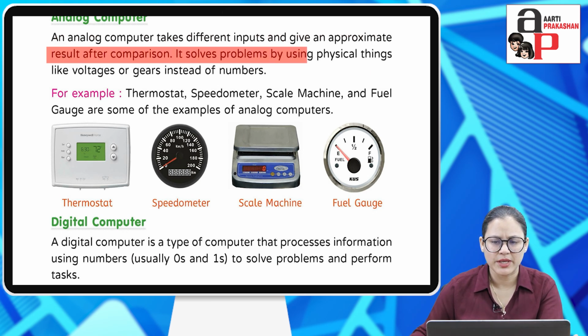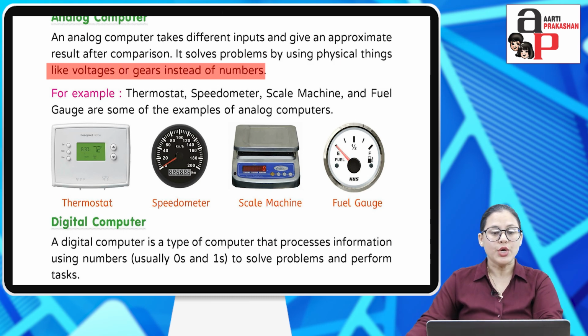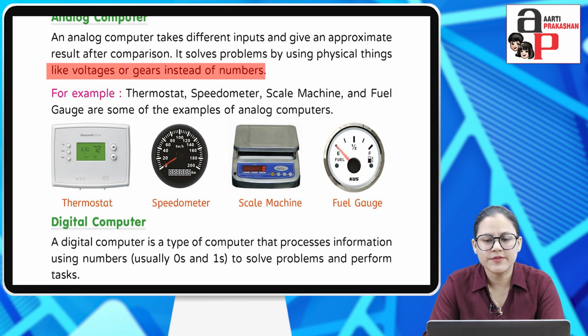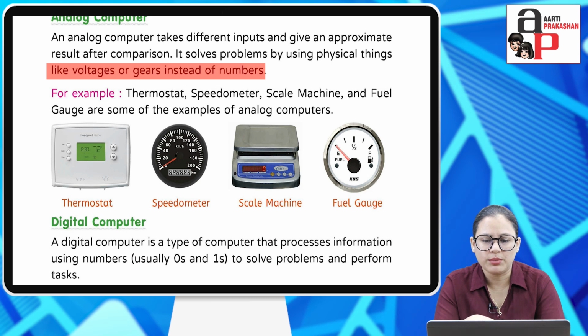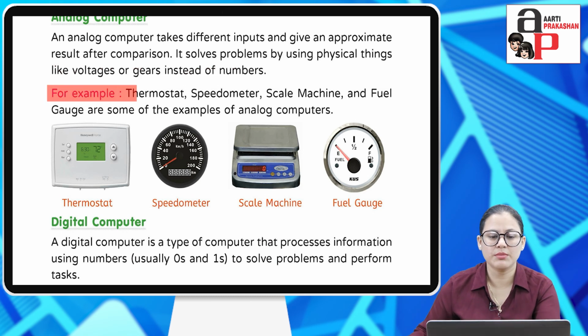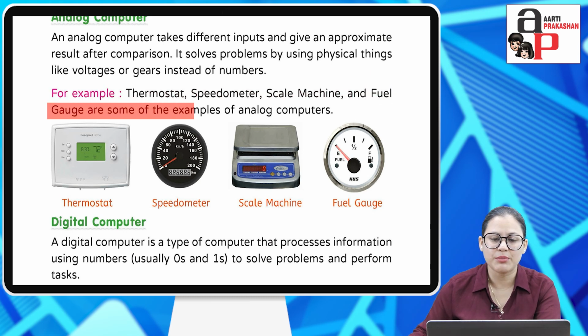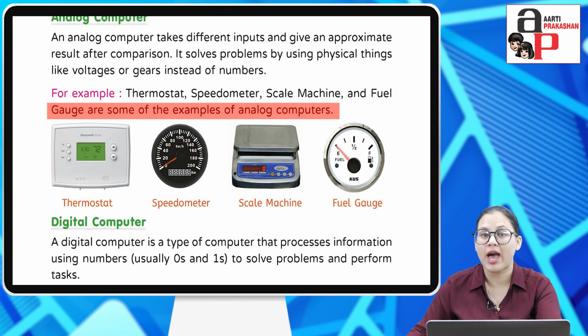It solves problems by using physical things like voltages or gears instead of numbers, which means there is no concept of numbers, right? For example, thermostat, speedometer, scale machine and fuel gauge are some examples of analog computers.